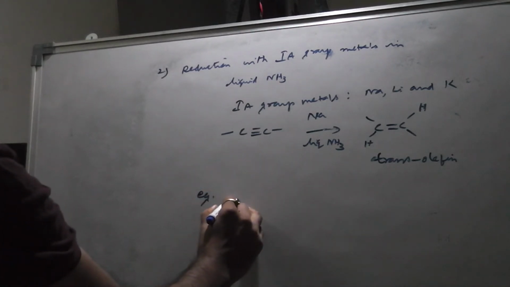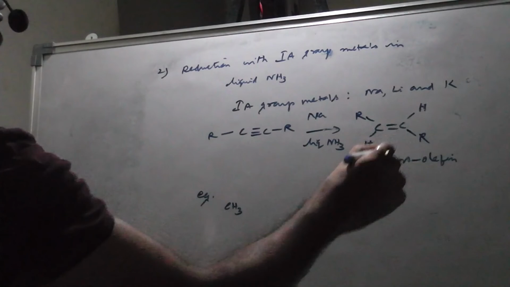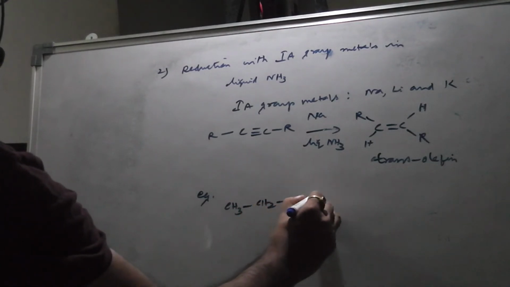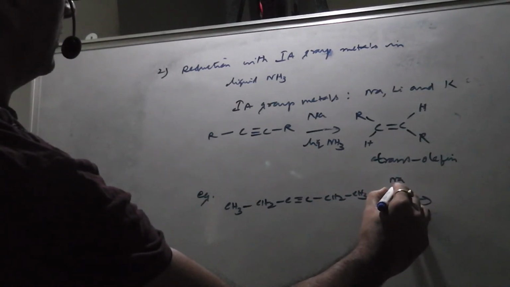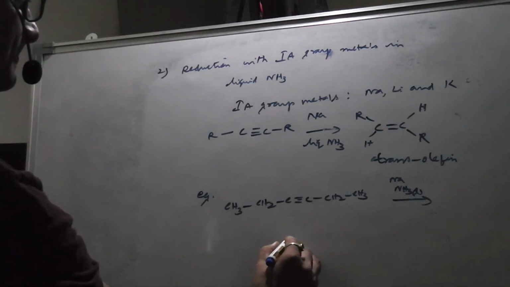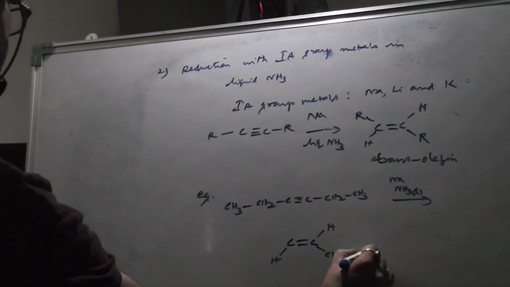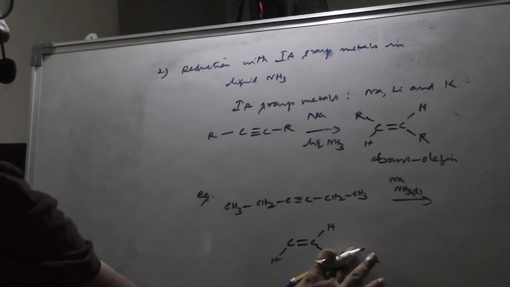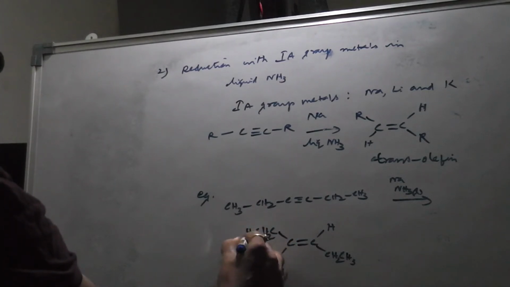Example, for our convenience, we can write R bond C triple bond C bond R. Example, CH3 CH2 C triple bond C CH2 CH3, upon reduction with Na in liquid ammonia, which we can represent as NH3(L), gives the trans olefin.